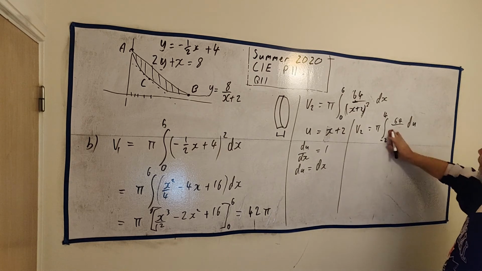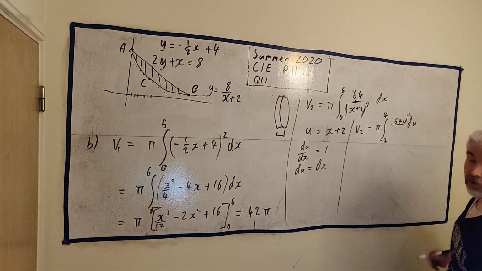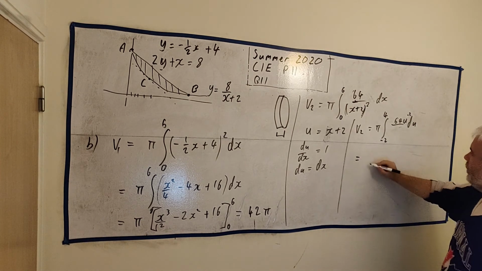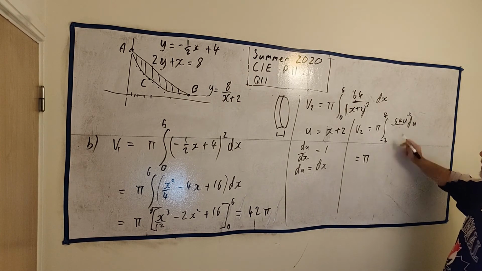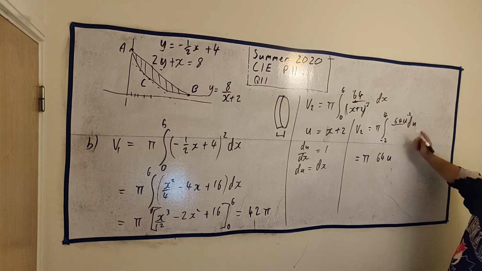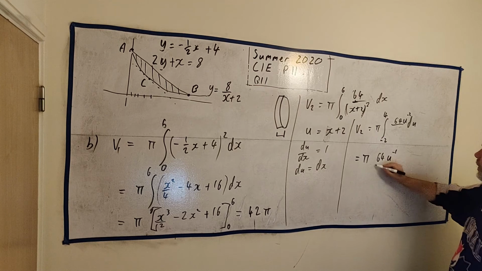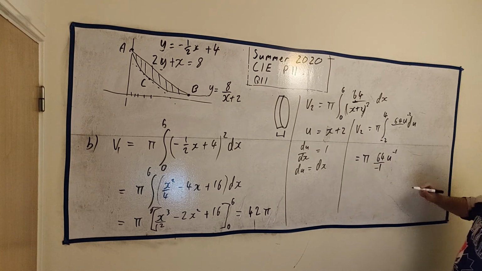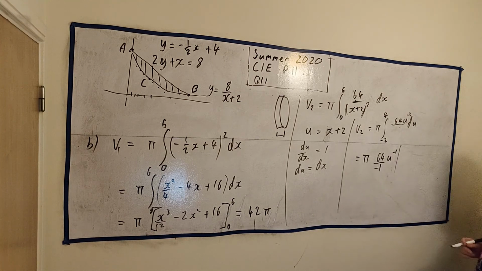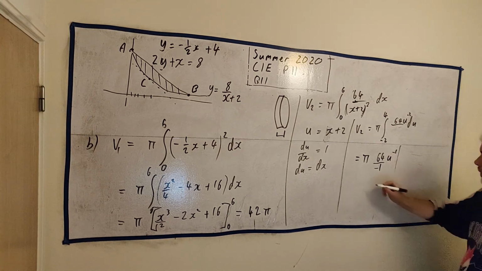This is the same as u to the minus 2. Easier for me to look at it this way. So the integral of this is pi times 64 u to the minus 1, all divided by minus 1, between two numbers. We'll put x back in a moment.